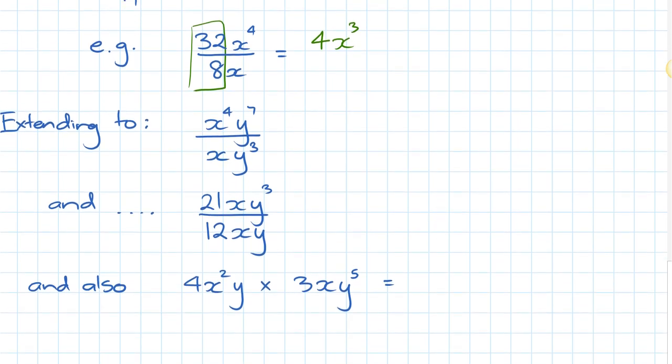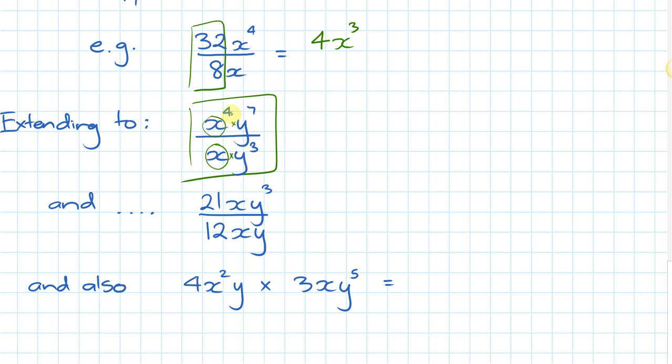Okay, just a couple more examples, a bit more of an extension. We can have these sorts of problems happening. So x to the power 4, y to the power 7. Remember, there's an invisible multiplication sign between those letters there. We just don't put them in. So we're going to apply the same rules, but we're just looking for the same bases.